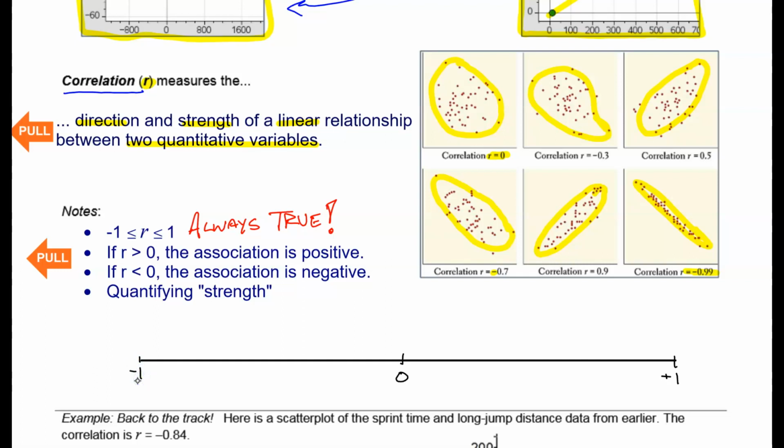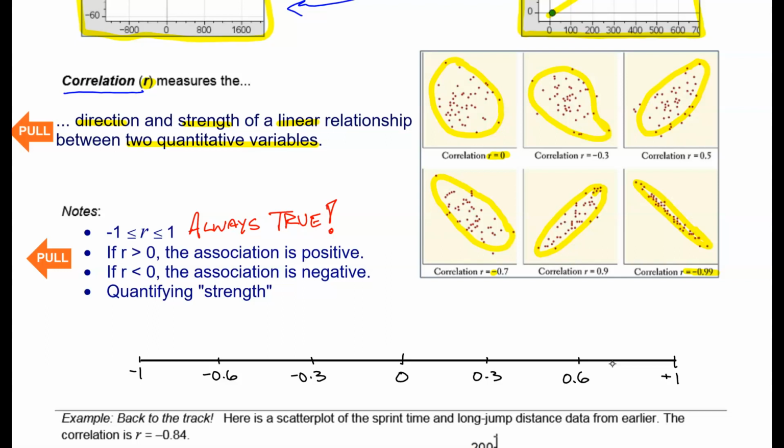And then I'm just going to put another couple approximate marks on here. Let's do negative 0.6, negative 0.3, positive 0.3, and positive 0.6. So those are just approximate marks on this line.